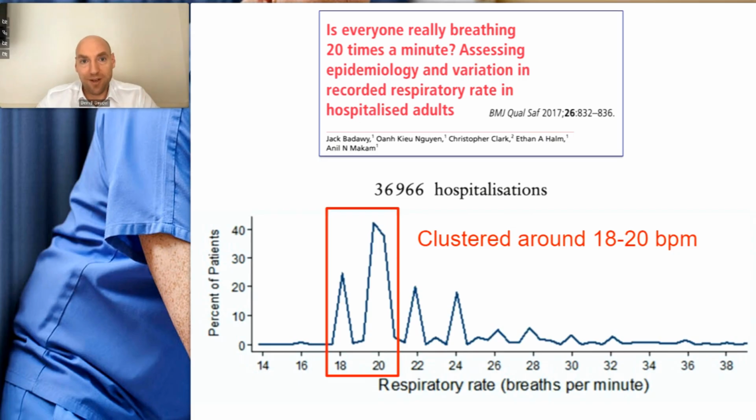But in clinical practice, you usually observe the patient for a couple of seconds and then multiply to get a respiratory rate per minute, and that results in documented respiratory rates that are usually multiples of 2. And this is not the only study showing this.